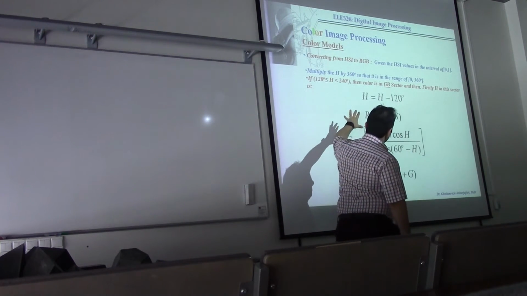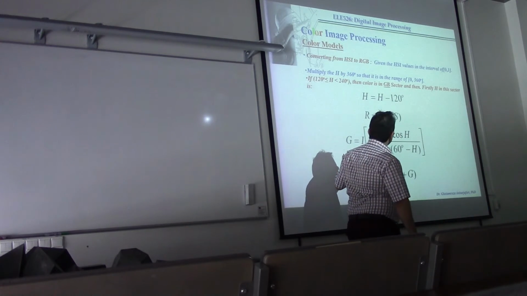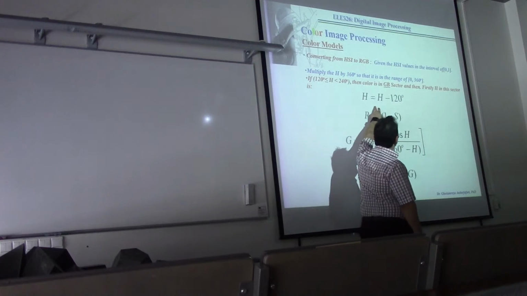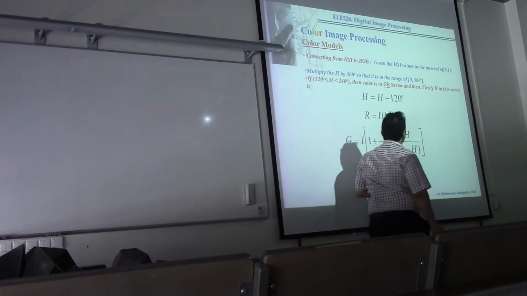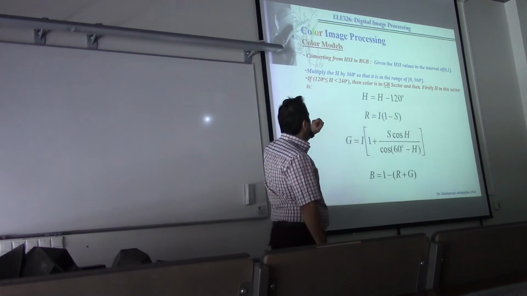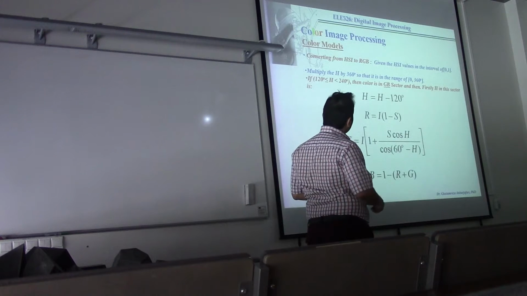Then after that, similar to the previous equations, we can use this equation to find the values, but you have to consider this as the hue instead of the exact hue value.